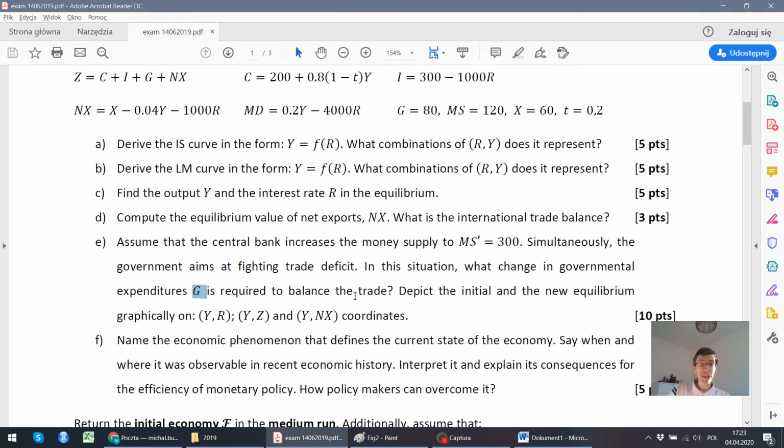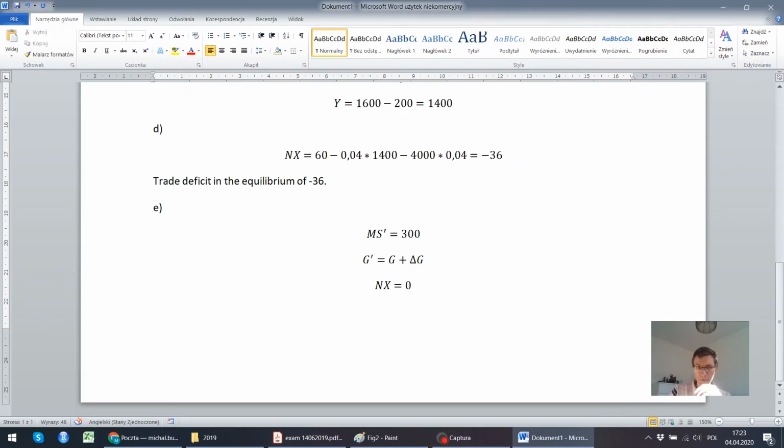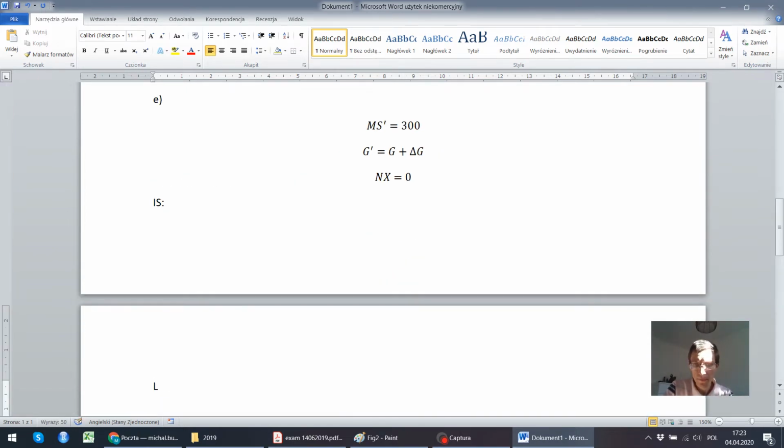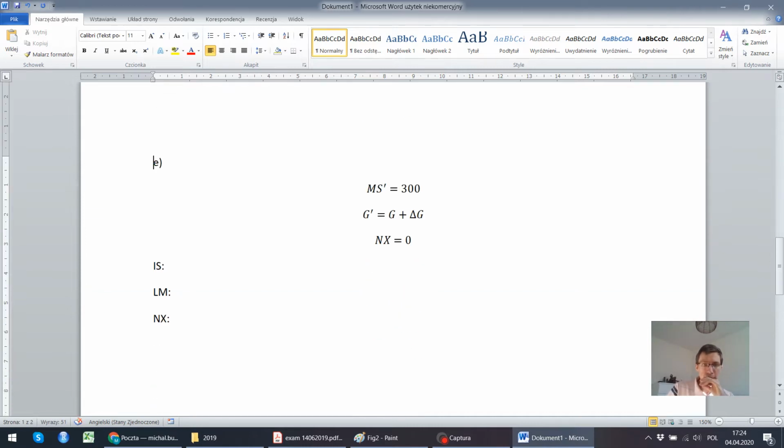So now we have to compute this delta G, but of course, remember that we have to be in a new equilibrium after this fiscal and monetary policy change. So we will have a new IS equation, a new LM equation, and an X equation that will give us some insights about the new trade balance.